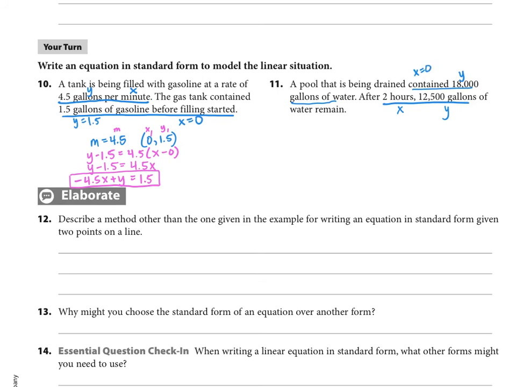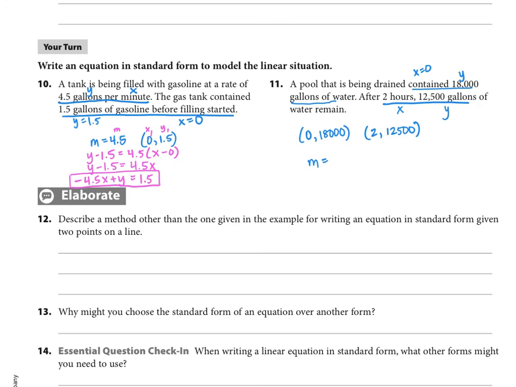That's at 0 hours. So we have the point 0, 18,000. And then also the point 2, because at 2 hours, it's going to be 12,500. So we're going to use those 2 points to help us write our equation in standard form.